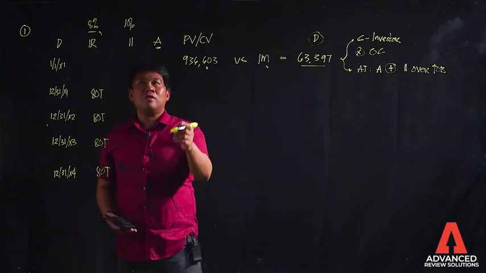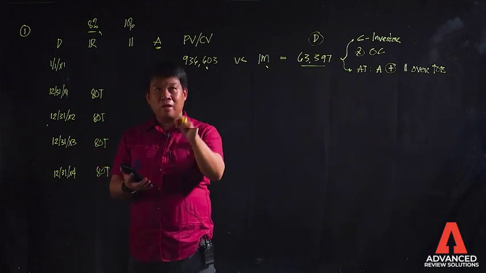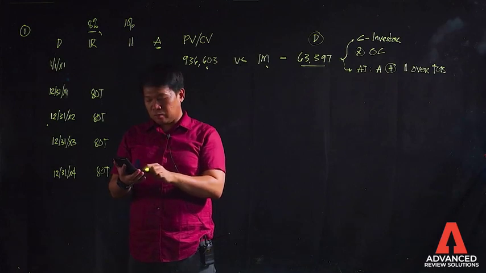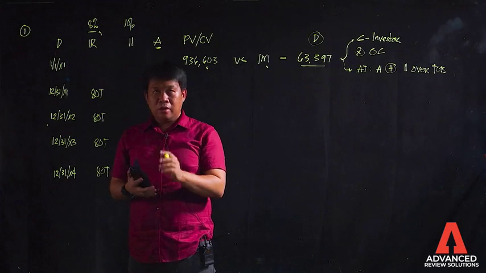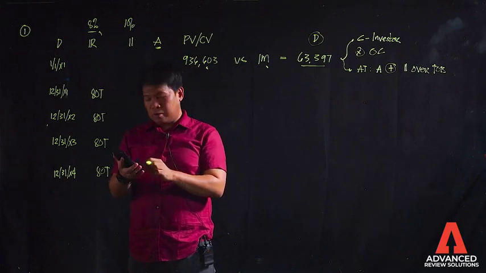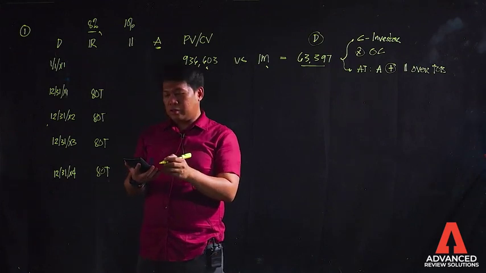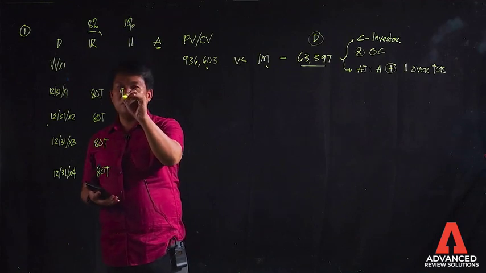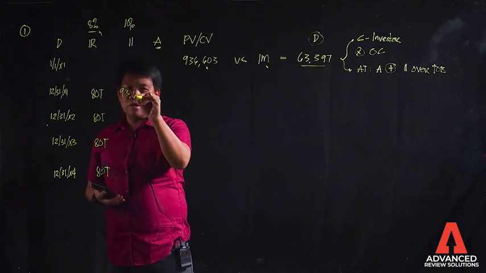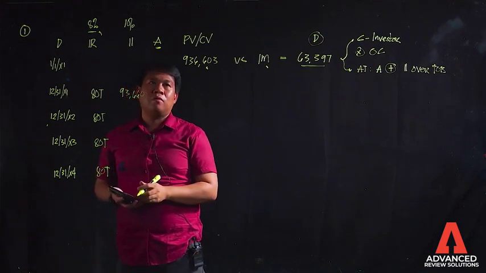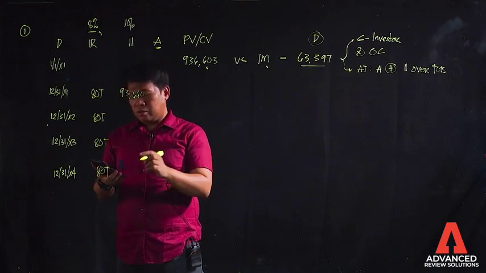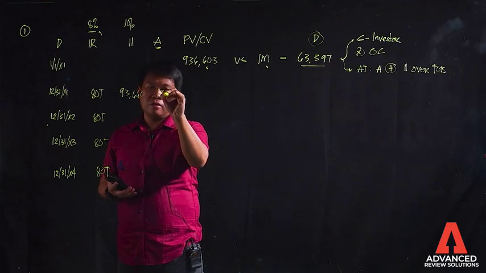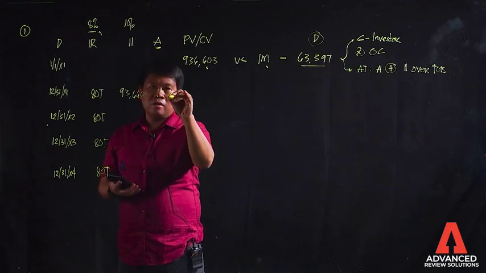So, your interest income here, this is 936,603. Put it in memory plus on your calculator. M plus times what? Times 10%. So this is 93,660 rounded off. Minus 80,000. So this is 13,660.